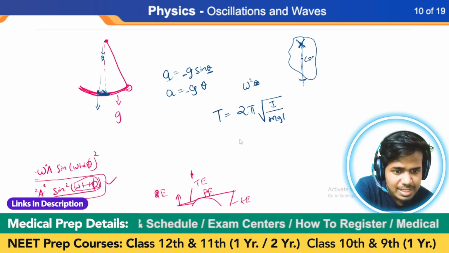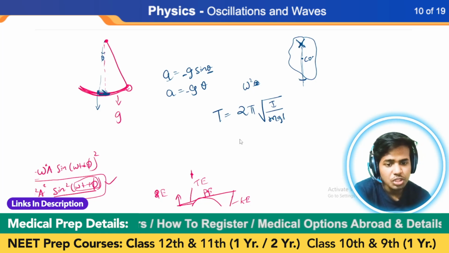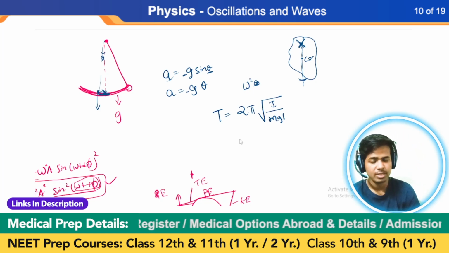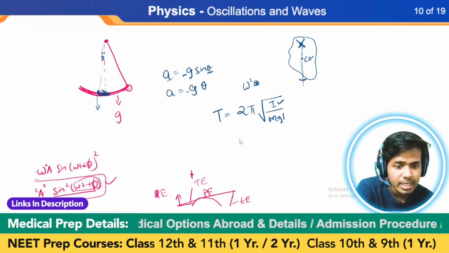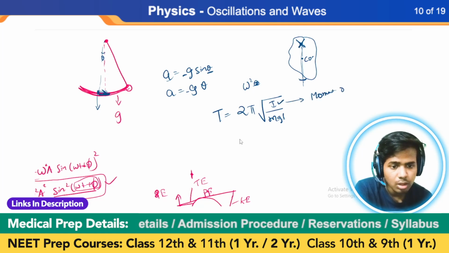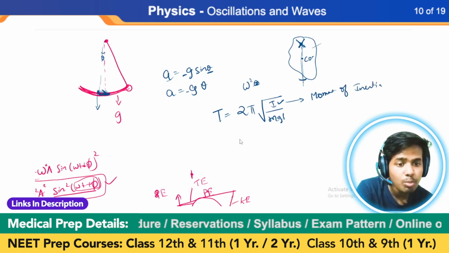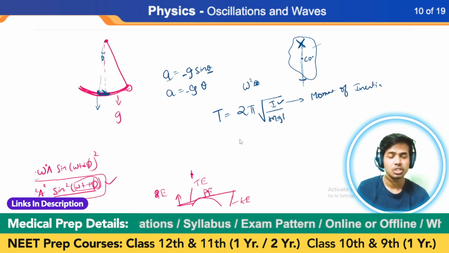Now for this, for the time period, this is the equation where 2 pi is the very simple thing. I, what is I here? This is the moment of inertia. Moment of inertia of what? Of the entire body about this axis of rotation.